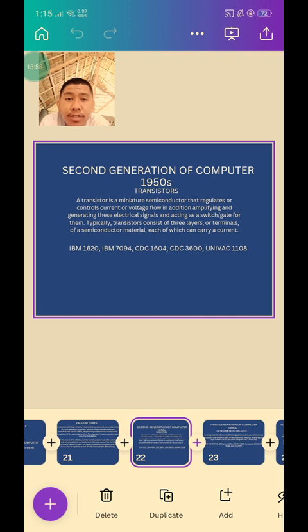A typical transistor consists of three layers of terminals of a semiconductor material, each of which can carry a current. Examples of second generation computers with transistors: IBM 1620, IBM 7094, CDC 1604, CDC 3600, UNIVAC 1108.